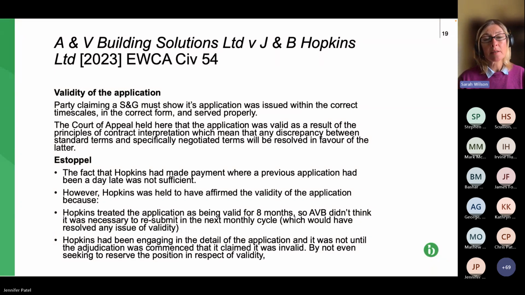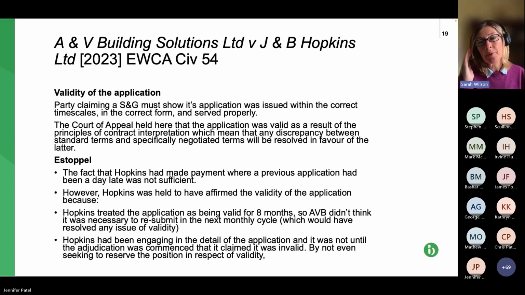So the lesson to be learned there is that whichever party you are, if you consider that the other party is submitting a notice that isn't valid, and that includes the IPA, then you need to be saying, I don't think it's valid, but without prejudice to that.